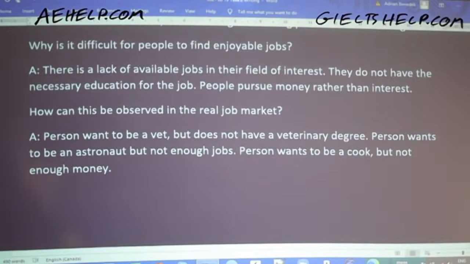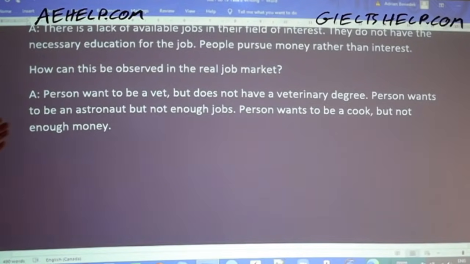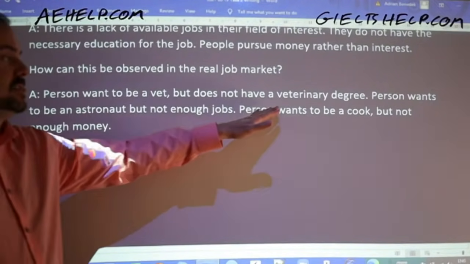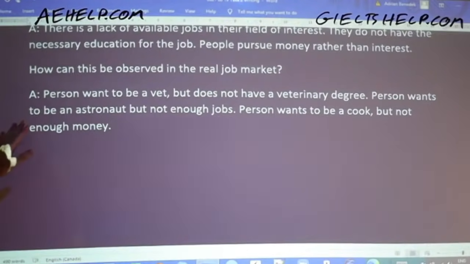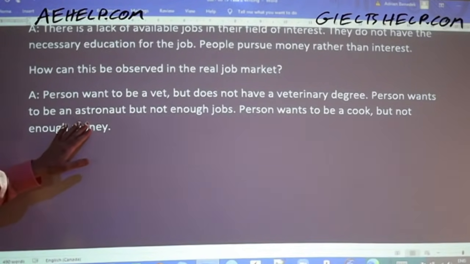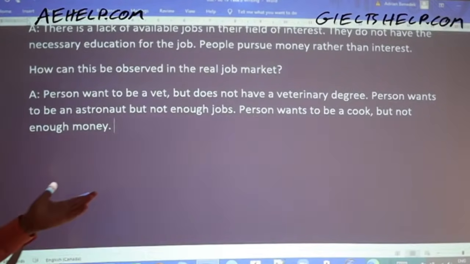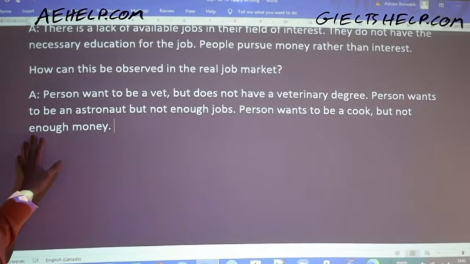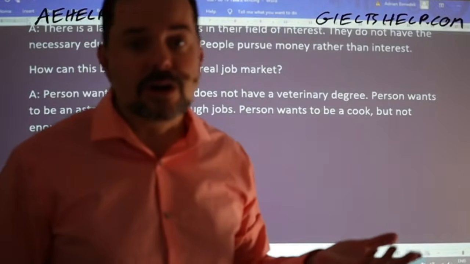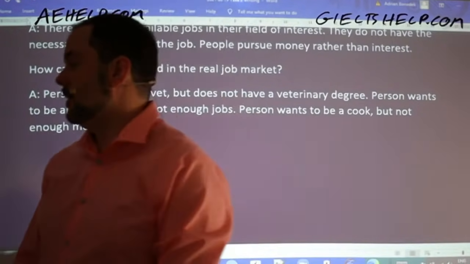How can this be observed in the real job market? Well, a person wants to be a vet but does not have a veterinary degree. A person wants to be an astronaut but there's not enough jobs. A person wants to be a cook, but there's just simply not enough money in being a cook, right? So, all right.